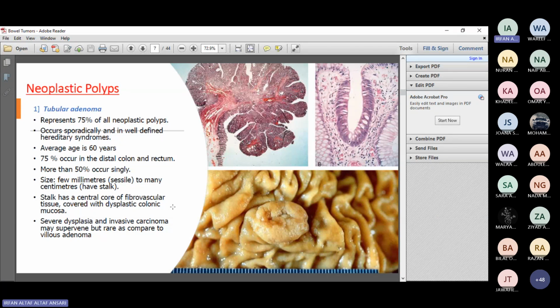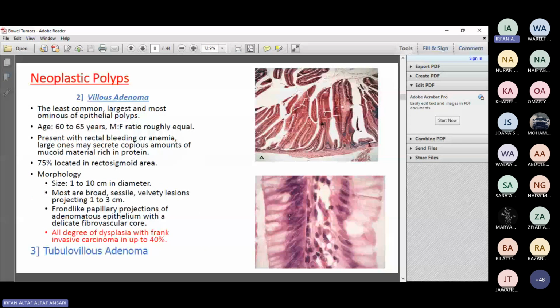Then we go to the villous adenoma. They are the least common compared to the tubular adenoma. They are usually the largest, very large, larger than the tubular adenoma. They are usually seen in the elderly, male and female equally, and they are symptomatic.